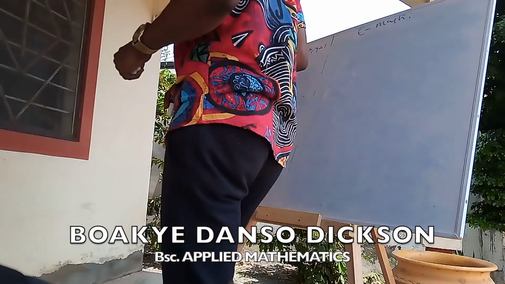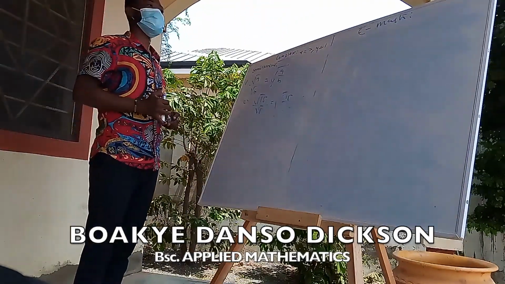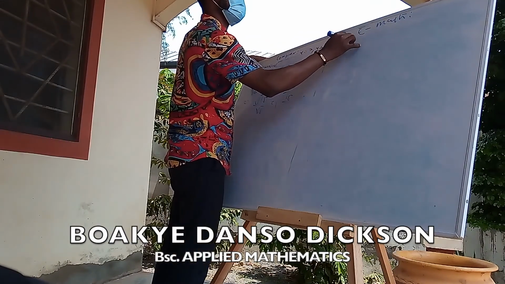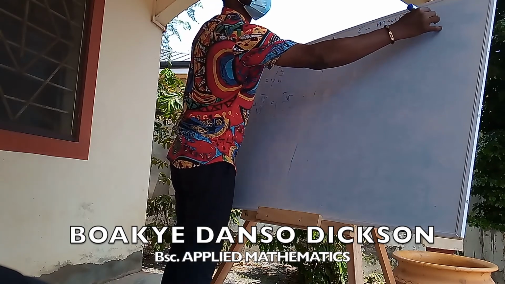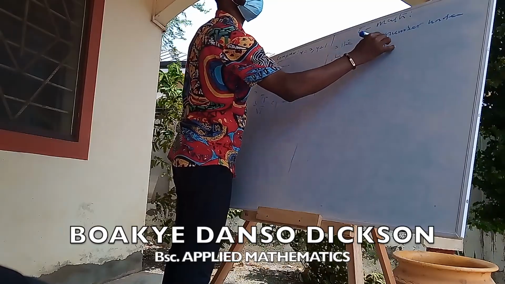So now, how are sets alike? It's a straight statement: they have the same number under the root sign.